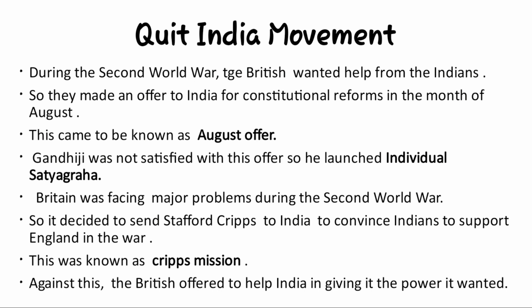This was known as the Cripps Mission. In return, the British offered to give India the power it wanted. That is, help them in the Second World War, and after the Second World War they are ready to give freedom to India. That was the temptation which Britishers gave to Indians, and we poor Indians, we believed in that.